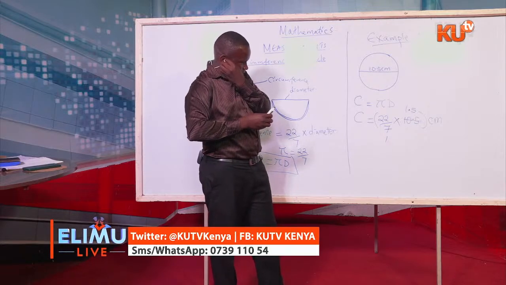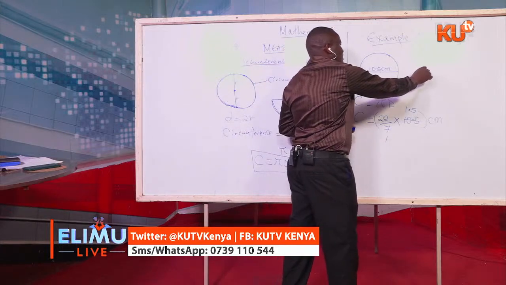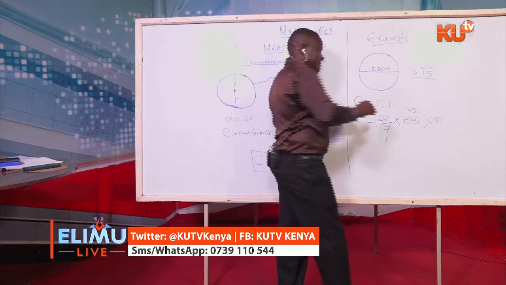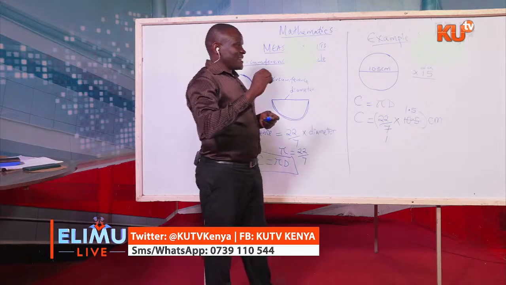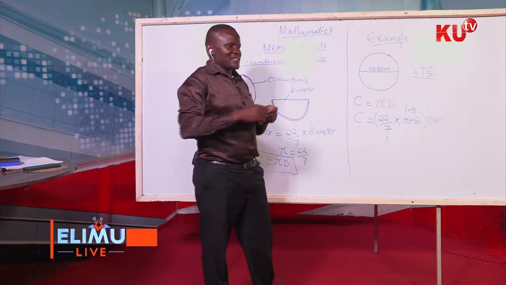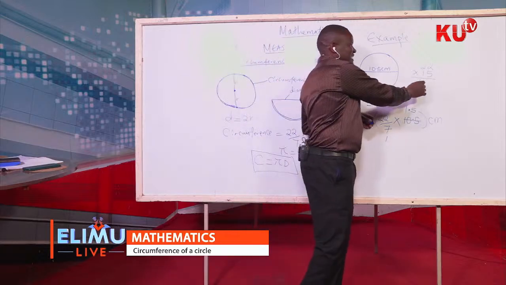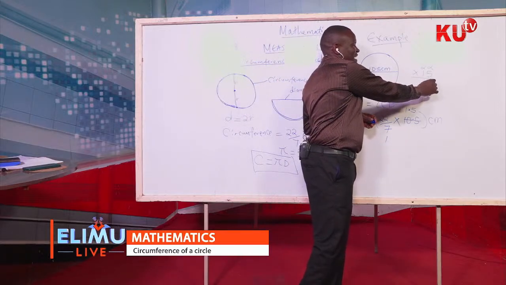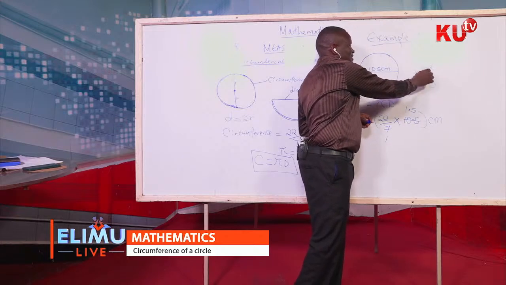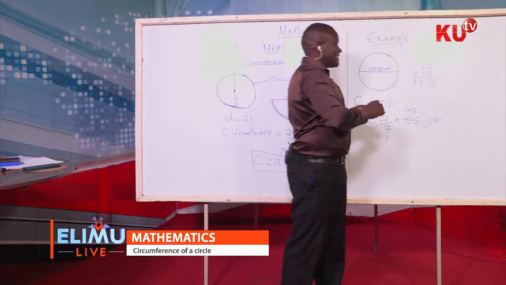So therefore we shall multiply 22 by 1.5. When we are multiplying by a number that has a decimal point, we assume the decimal point, but we shall introduce it later in our answer. So let's start. 2 times 5, 10. We carry 1. 2 times 5 is 10, plus 1, 11.